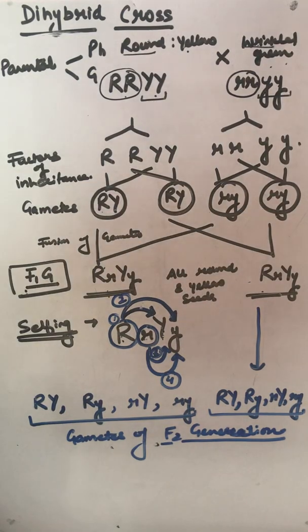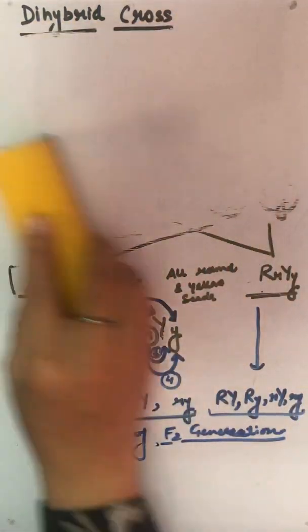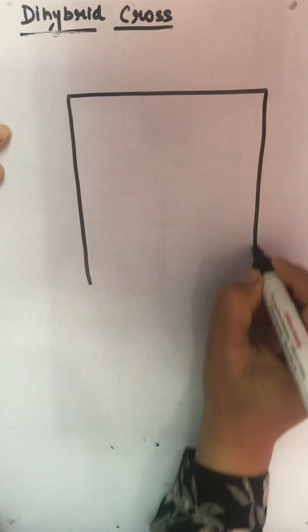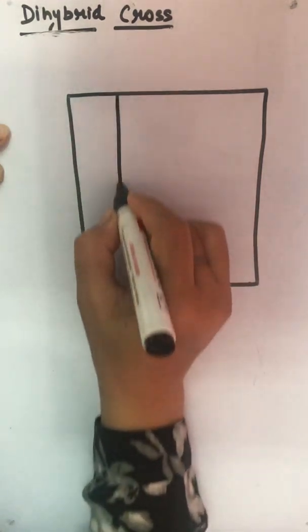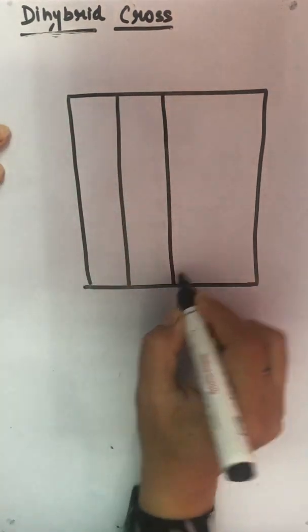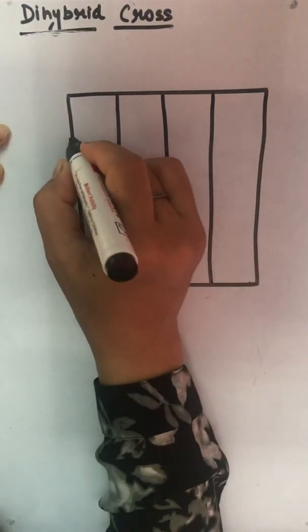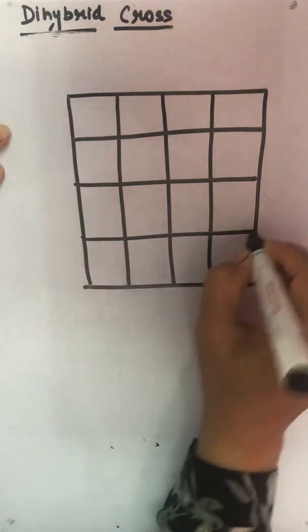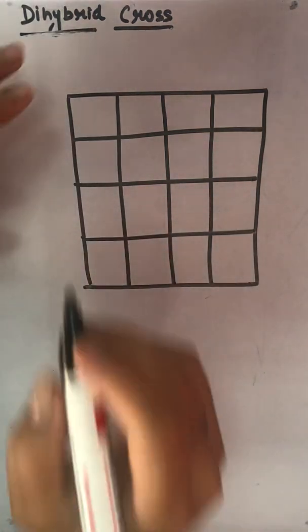Now, moving ahead to the Punnett square. A Punnett square is a type of checker box in which all these gametes undergo fusion. Now, in this checker box, we are choosing four types of gametes that have been selected after fertilization and are being used here.